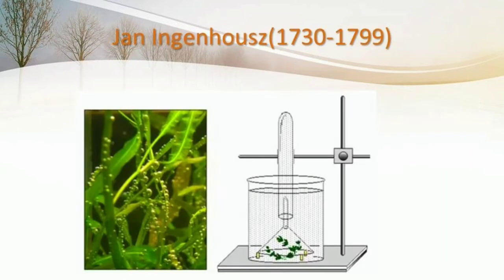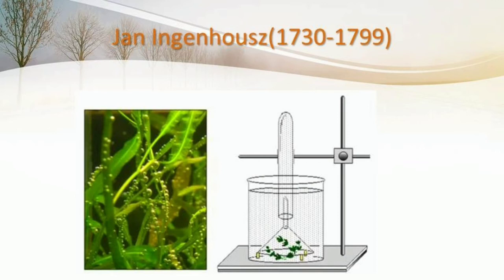Later on, Jan Ingenhousz performed an experiment with an aquatic plant. He exposed the aquatic plant to bright sunlight, and what he observed is that small bubbles were formed around the green parts, while if he kept that green plant in the dark, the bubbles were not formed. When exposed to bright sunlight, these aquatic plants showed small bubbles.